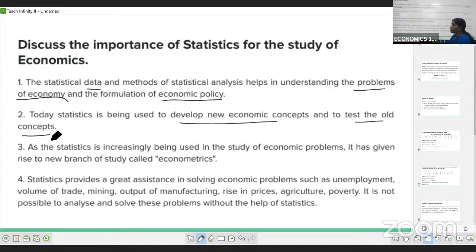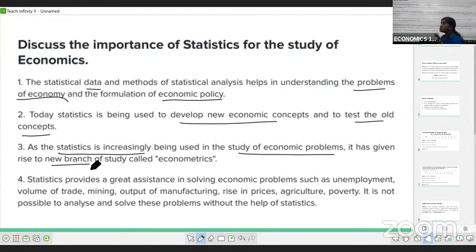Then nowadays, if you see, the use of statistics is increasing in the study of economic problems. In order to understand economic problems, the study of statistics is increasing. Because of that reason, a new branch of study has come.